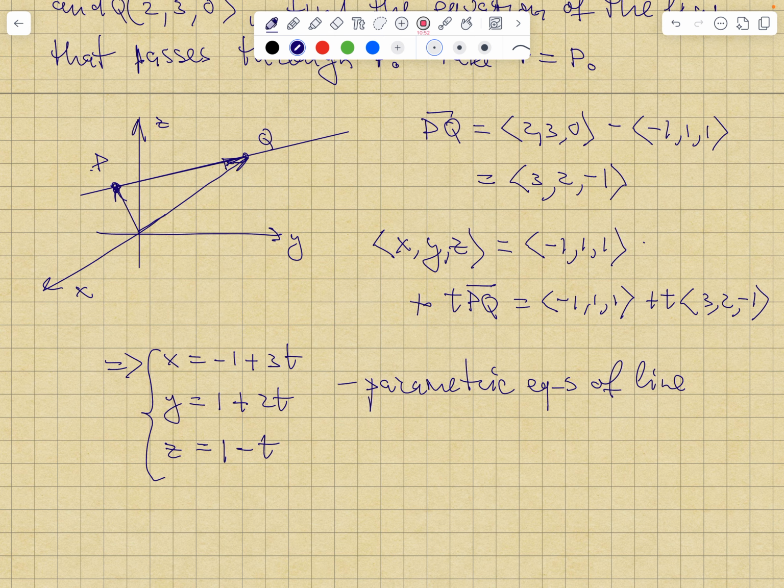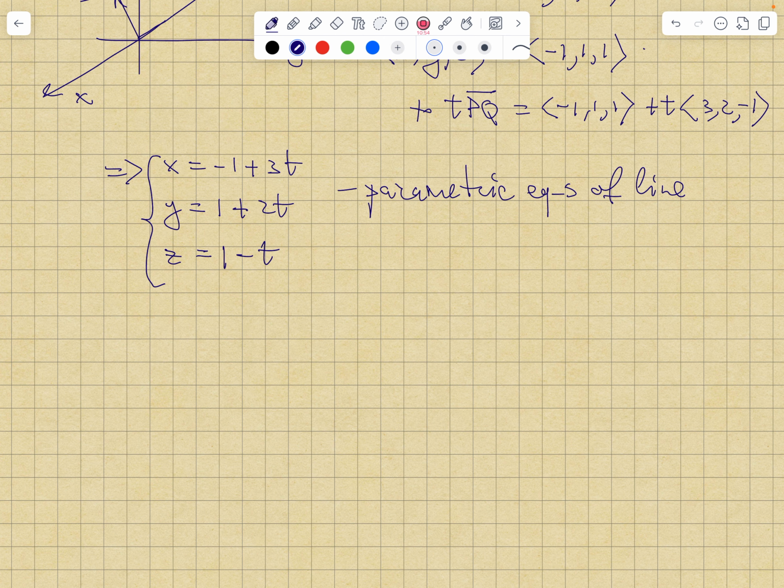And then finally, by eliminating t, I can get symmetric equations. I need to eliminate t. From the first equation, t is x plus 1 over 3. From the second equation, it's y minus 1 over 2.